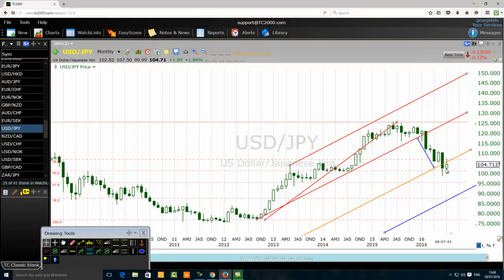But you have to understand that when we are trading the US dollar, Japanese yen, or when we are trading forex, we cannot ignore the economy news. So yesterday, the Federal Reserve kept the interest rates unchanged, all right? And the expectation is that the US Federal Reserve will put up interest rates in September 2016.